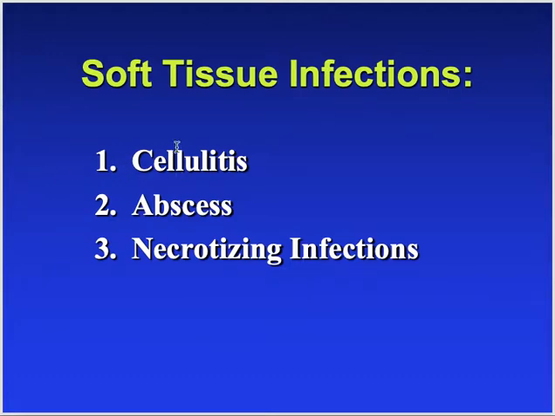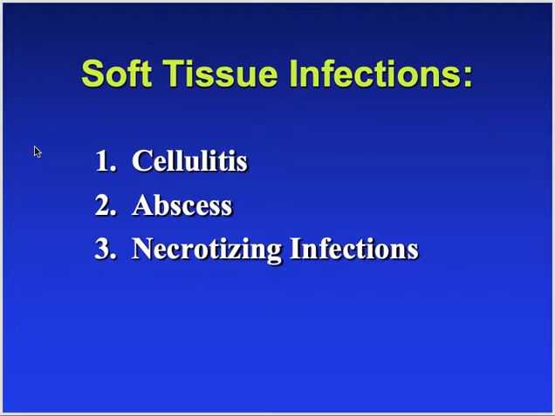If I talk about cellulitis, for example, surgical intervention is not needed most of the time, or almost all of the time, and antibiotics are enough to deal with these infections.